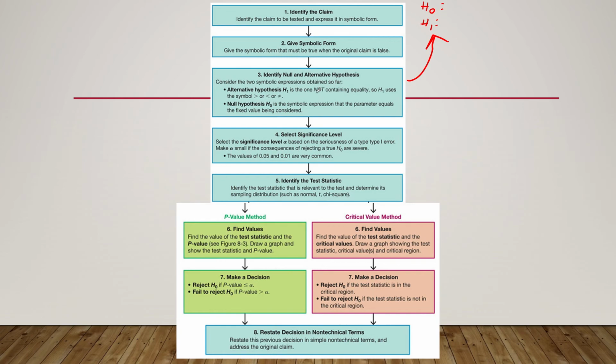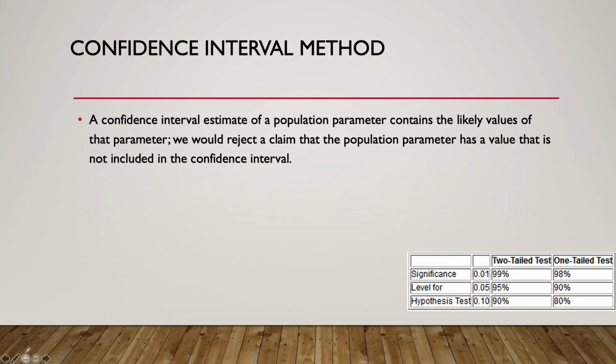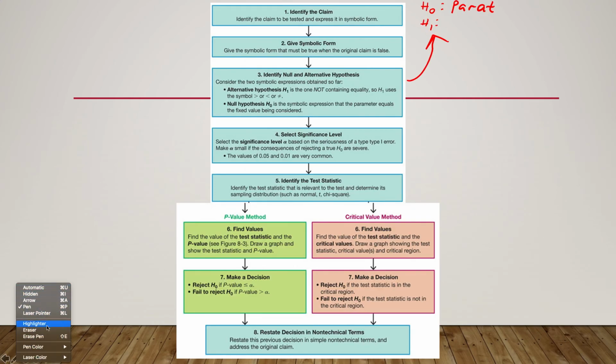The alternative hypothesis, denoted by H sub 1, is the one not containing an equality statement. So it uses a greater than, less than, or not equal to symbol. And the null hypothesis is the symbolic expression that the parameter equals the fixed value being considered. So the null hypothesis is that the parameter would equal some number.